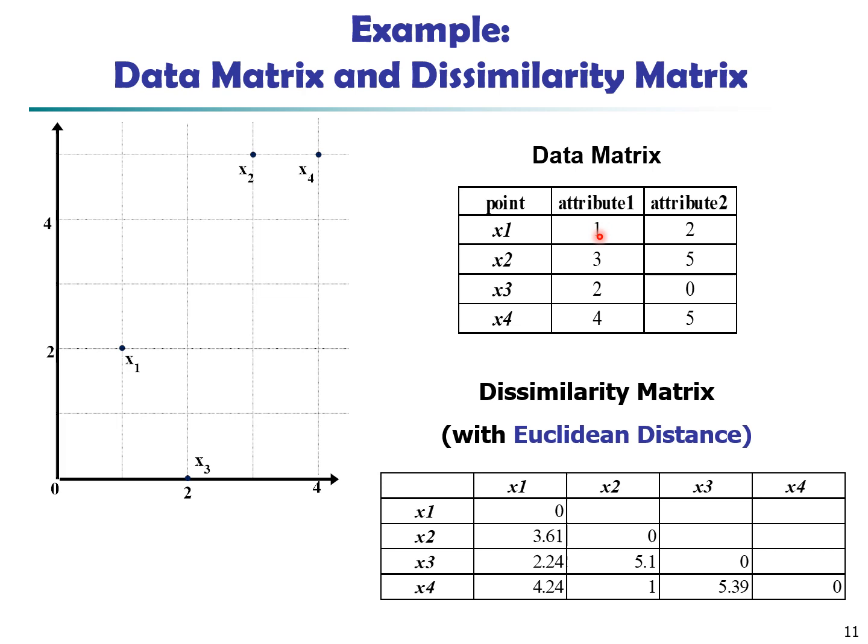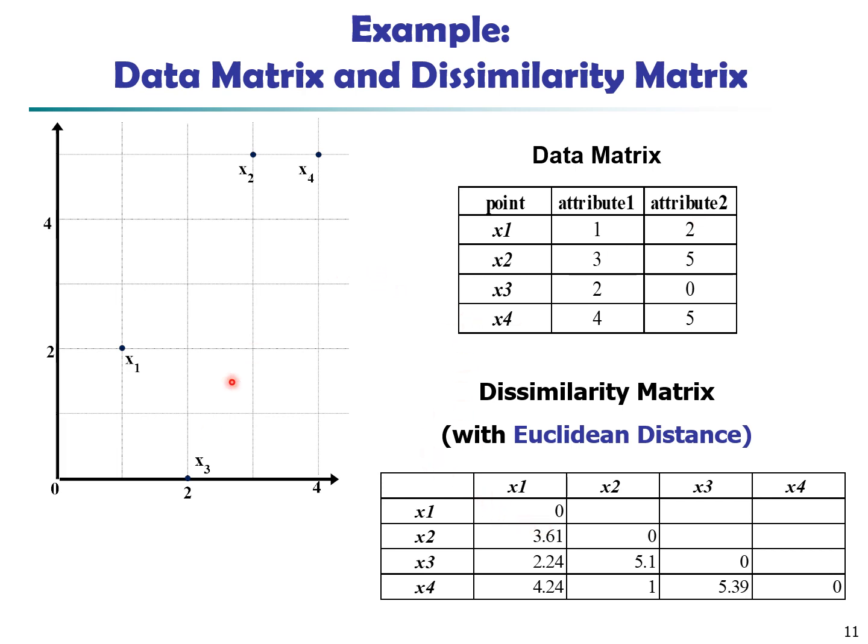So the value of 1 and the value of 3, because we are comparing x1 and x2. 1 minus 3 to the power of 2, which means minus 2 to the power of 2 is 4. And 2 minus 5, which is minus 3 to the power of 2, which is 9. So 4 plus 9, and then we take the square root, and it's going to be 3.61.